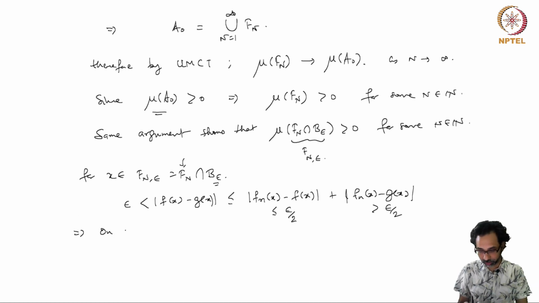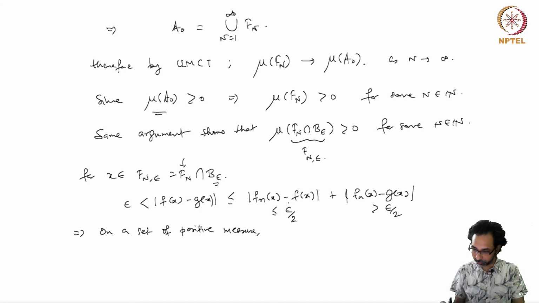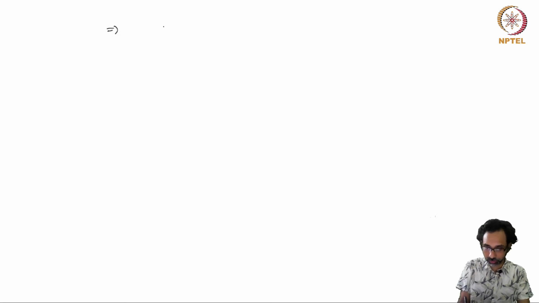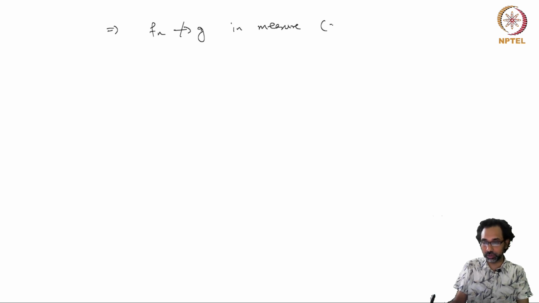This means that on a set of positive measure, we have the modulus of f_n(x) minus g(x) greater than epsilon by 2 for all n greater than or equal to capital N. This is how we defined our set F_N, which means that f_n cannot converge to g in measure, which is a contradiction.